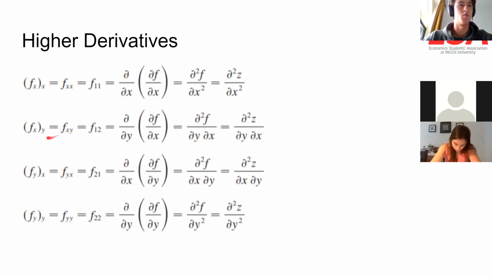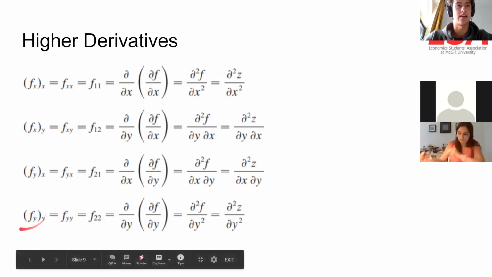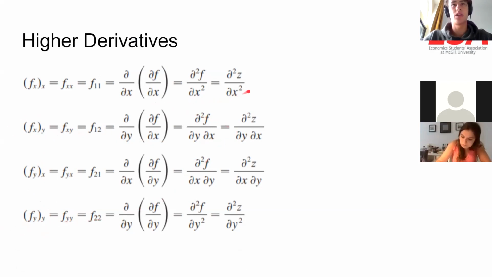Where it gets somewhat more interesting is when we differentiate with respect to x and then y, or y and x. And here again, it's the same thing where we differentiate twice with respect to y. I also wanted to introduce you guys to this notation, and maybe this one too, as it could seem quite confusing initially, but it simply represents a double partial differential.